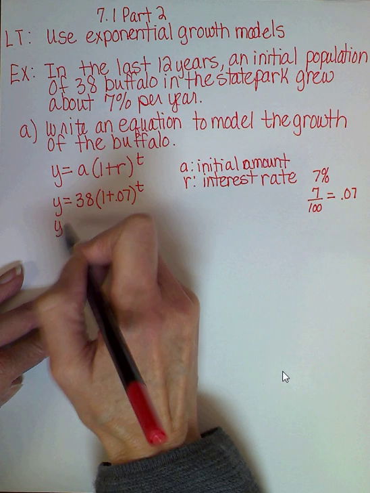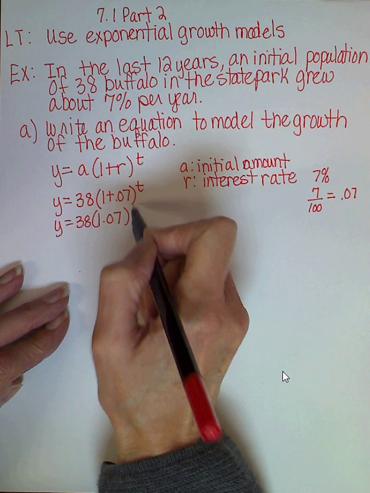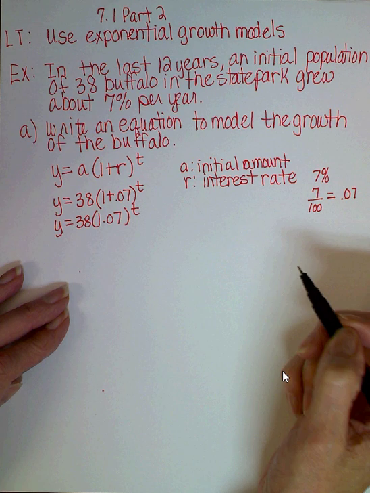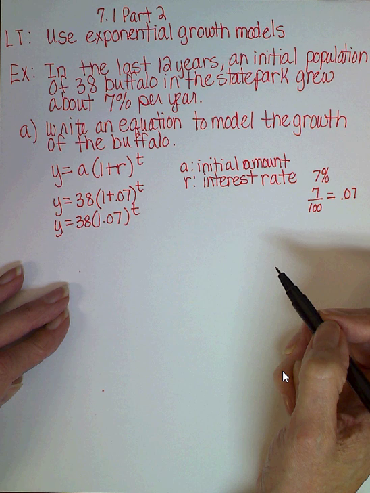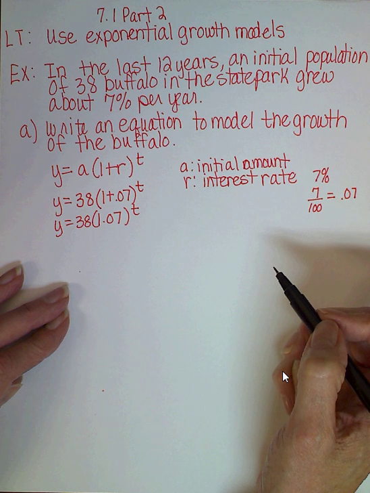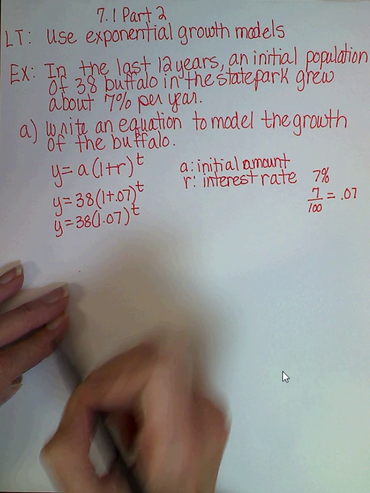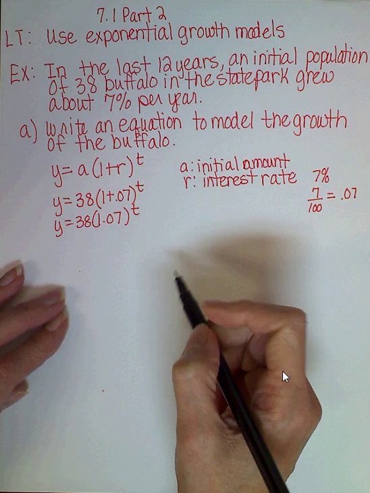Let's clean that up just a little bit: 1.07. Okay, we have to add 1 to it to account for the original 38 buffalo, and then the 0.07 adds in the growth part of it. And remember, the growth factor has to be bigger than 1, so this would be our b value from our equation that we used yesterday.